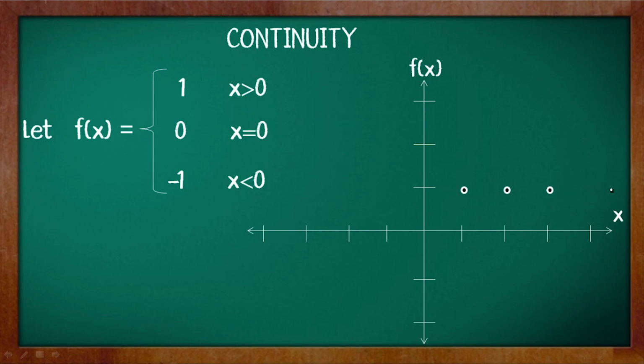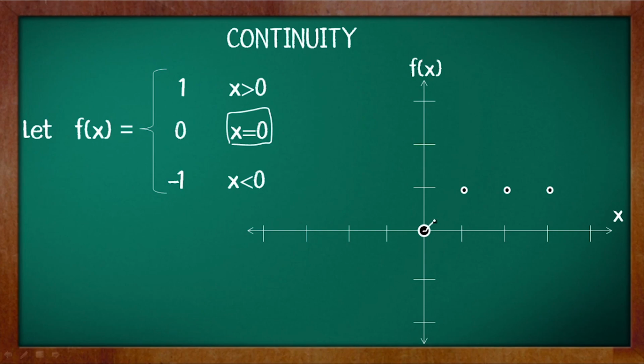Now let's see what happens when x is equal to 0. If I take x equal to 0, the point that I'll get will be (0, 0). When x equals 0, f(x) will again be 0, so the point will be (0, 0). So it will be somewhere here.